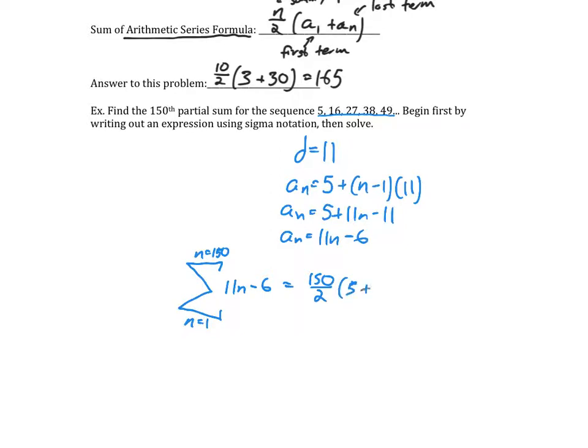And then if I plug in 150, you'll realize the last term of the sequence is 1644, so obviously you'll need your calculator. But all you need to do is 5 plus 1644 times 150 divided by 2, or 75, and you'll realize you get 123,675.